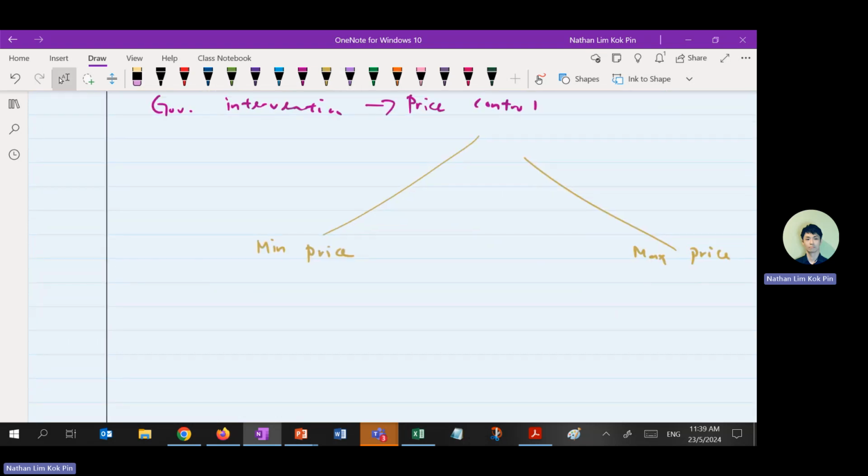So what's the definition? The definition for minimum price is, like what I said before, a regulation. It's a law.